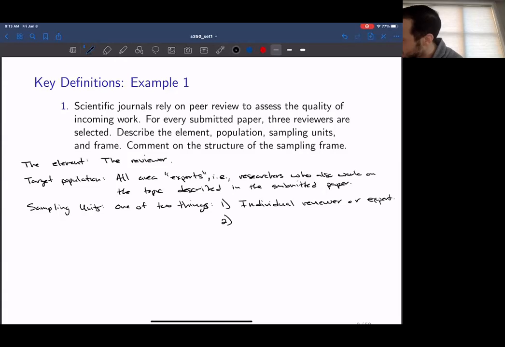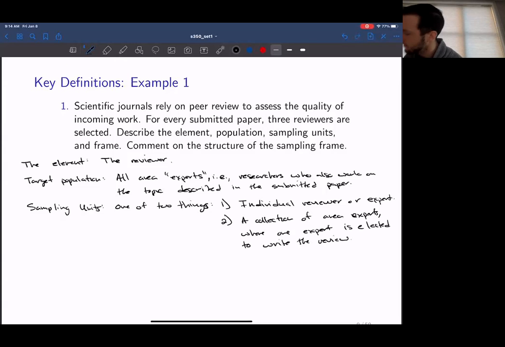So you could have here a collection of area experts where one expert is elected to write the review.